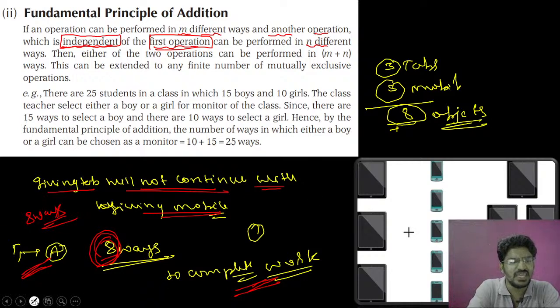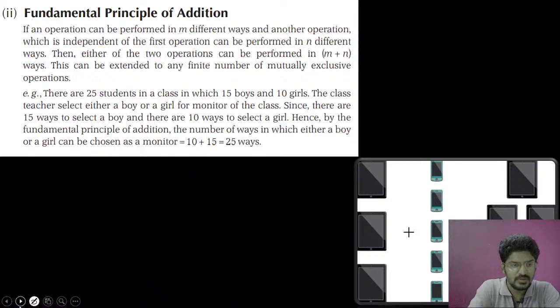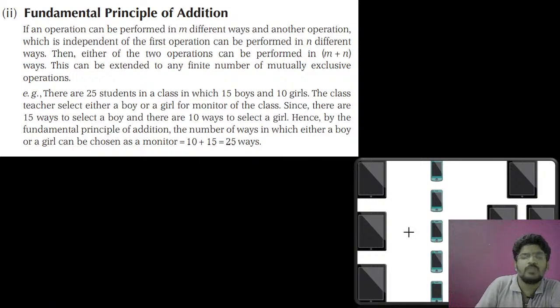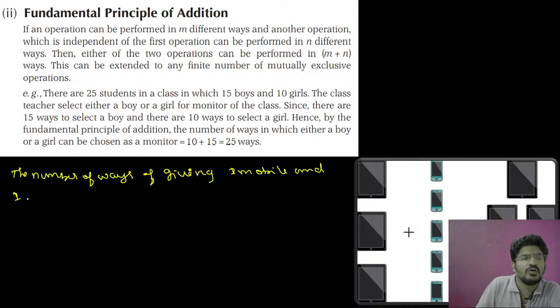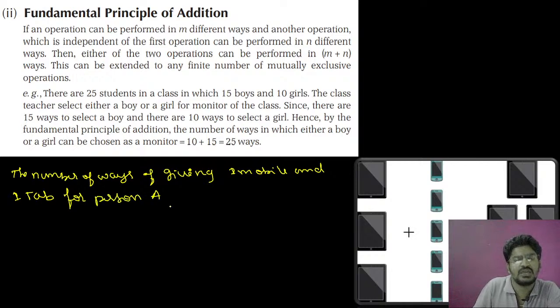Okay. Now you can just see, if I give the same problem, the number of ways of giving one mobile and one tab for person A, question mark.